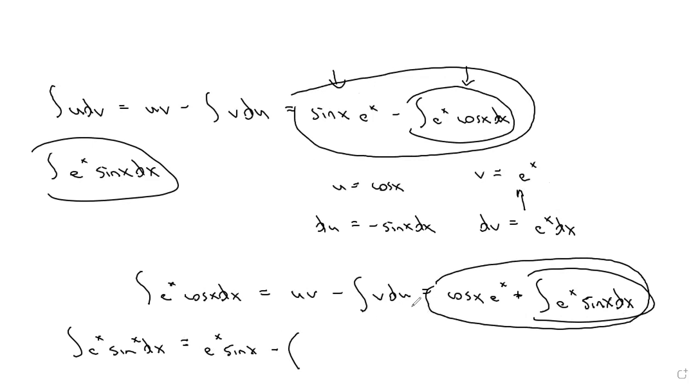So minus bracket, and now that part right there is cos x. Again, since I'm writing this, I'm going to switch the e to the x and the cos x. So e to the x cos x plus integral of e to the x sine x dx, and bracket.